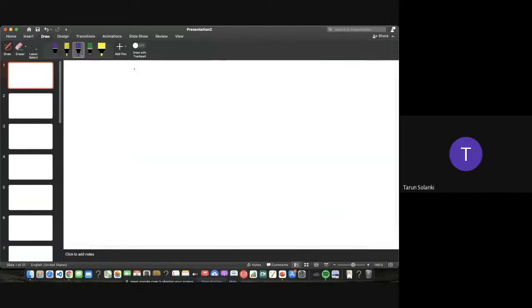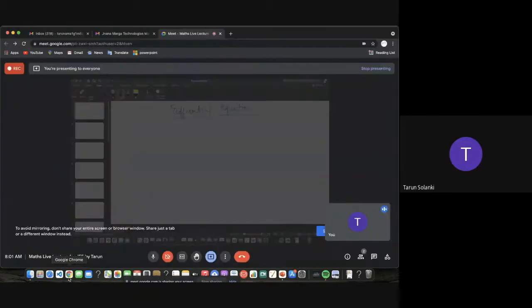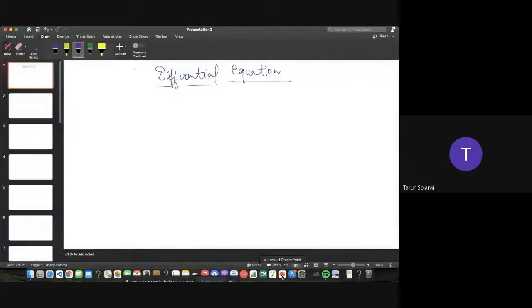For example, first we will write today's unit name, which is differential equation. So we are starting differential equations. Examples: dy by dx is equal to sin x.